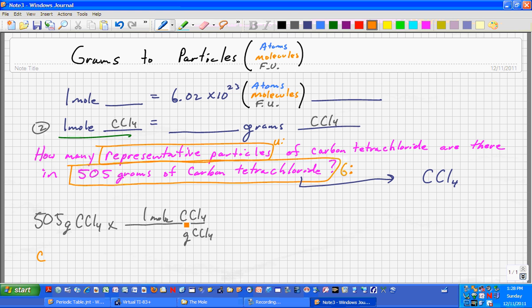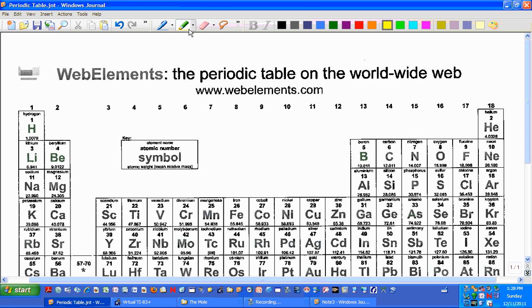I've got carbon. I've got one of them, so it's 1 times 12.01, which is equal to 12.01. I've got chlorine, which is tetra, so that's 4 of them, times 35 point. Let's go ahead and look this up here. I got that 12.01 from here for carbon. Chlorine's right down here. That's 35.45.